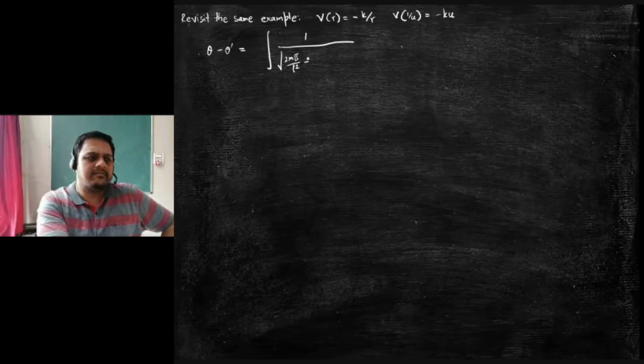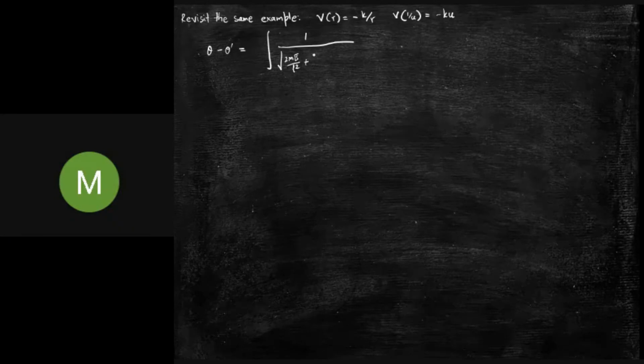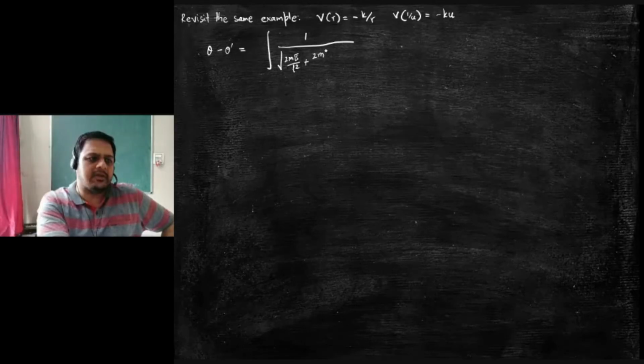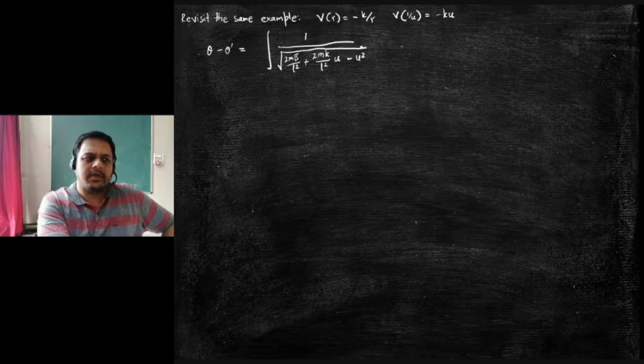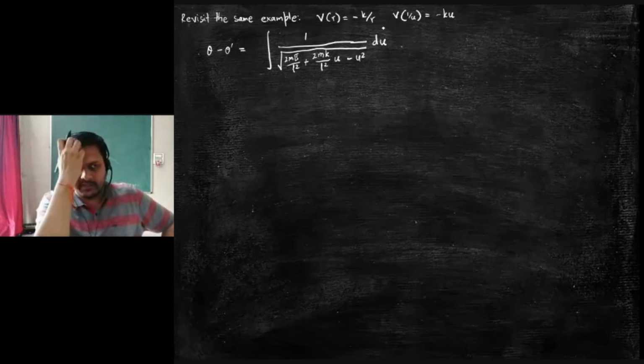Yes, sir. So minus minus will become plus. You will get 2m k by L square times u. Correct, substituting minus k u gives minus u square as the third term. Integration of this is equal to what we want, theta minus theta prime.